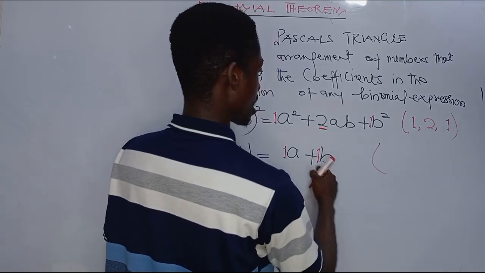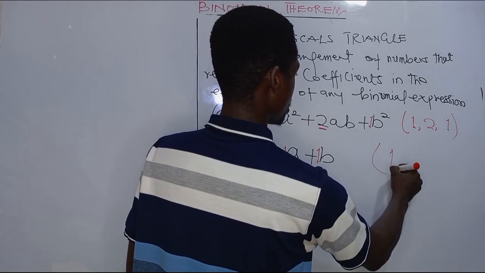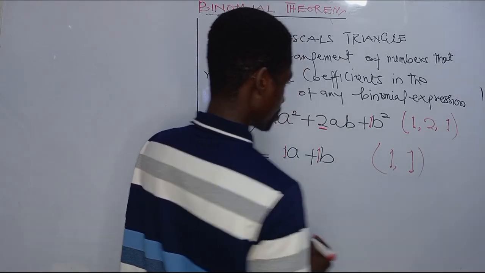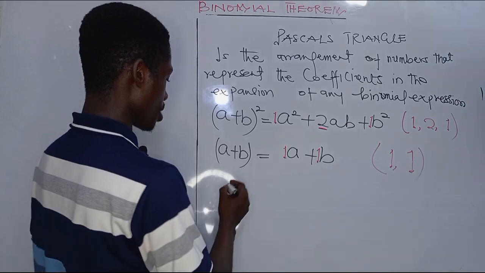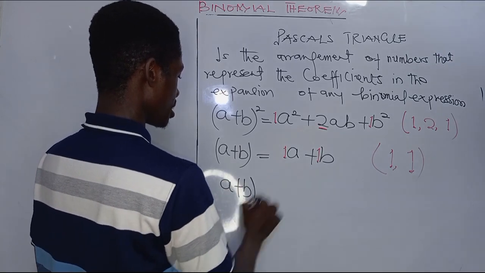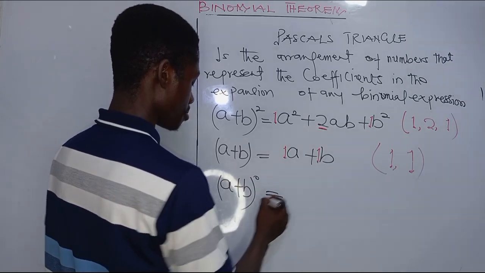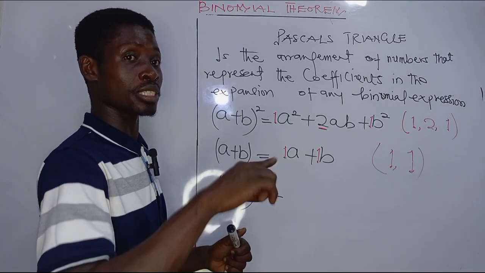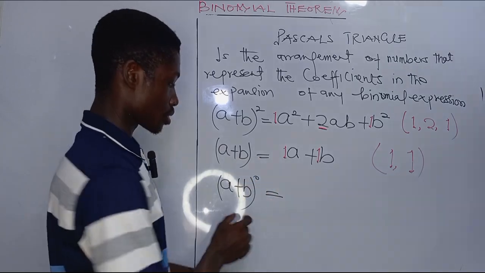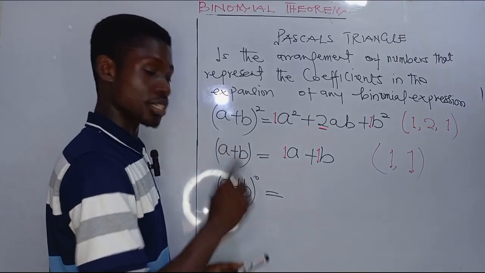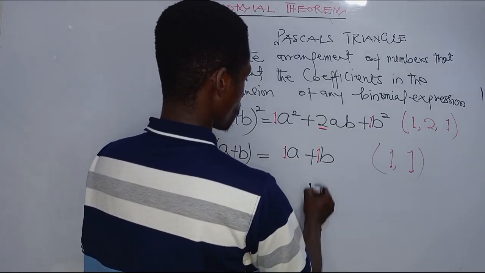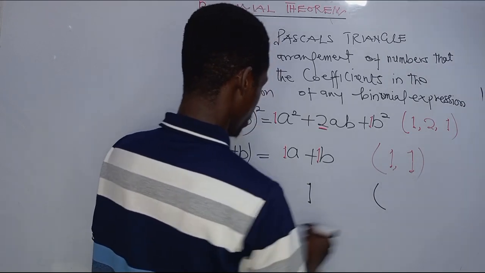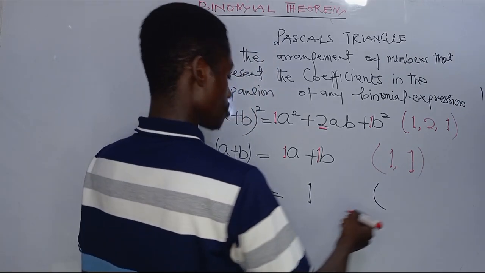Therefore, the coefficients are 1 and then 1. Also, when you have the binomial expression raised to the power 0, you know that any number or any variable raised to the power 0 gives us what? 1. So this raised to the power 0 is equal to 1. Therefore, the coefficient of this is 1.